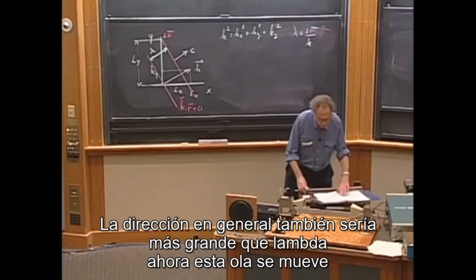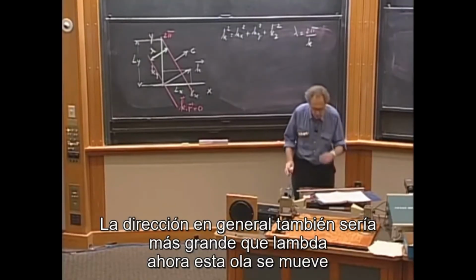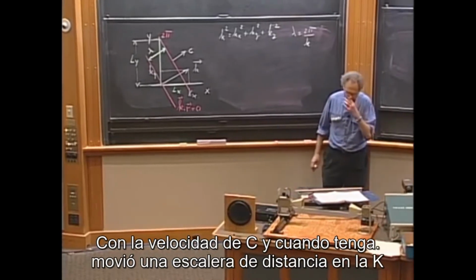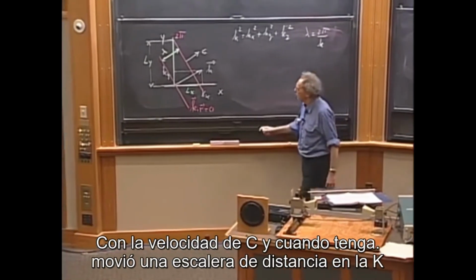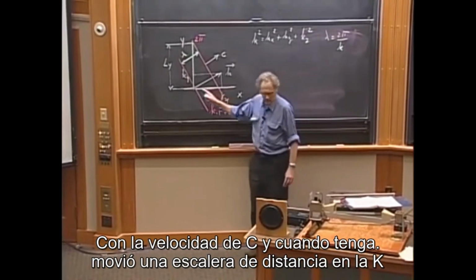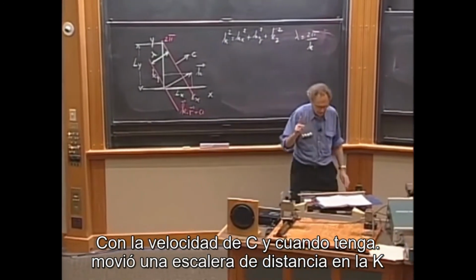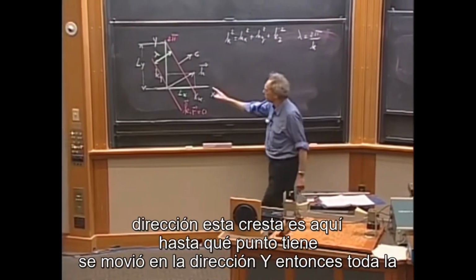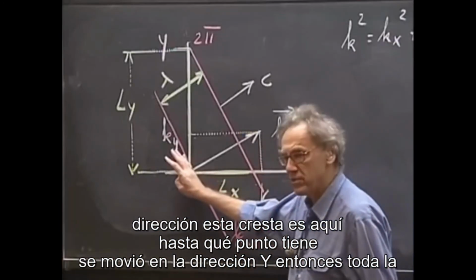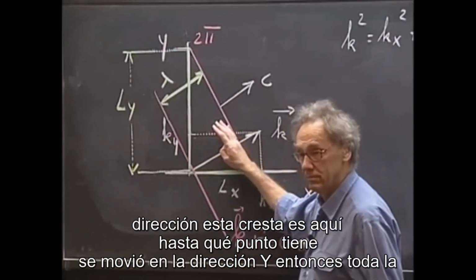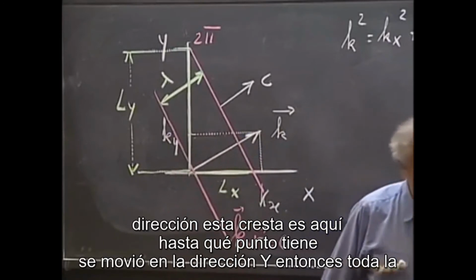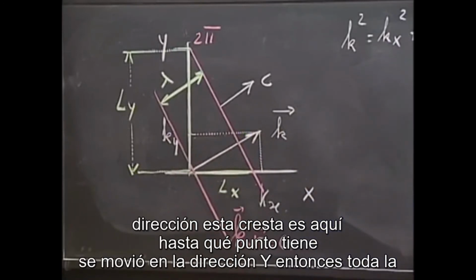And in the z direction, in general, it would also be larger than lambda. Now this wave moves with the speed of c, and when it has moved a distance lambda in the k direction, this crest is here.